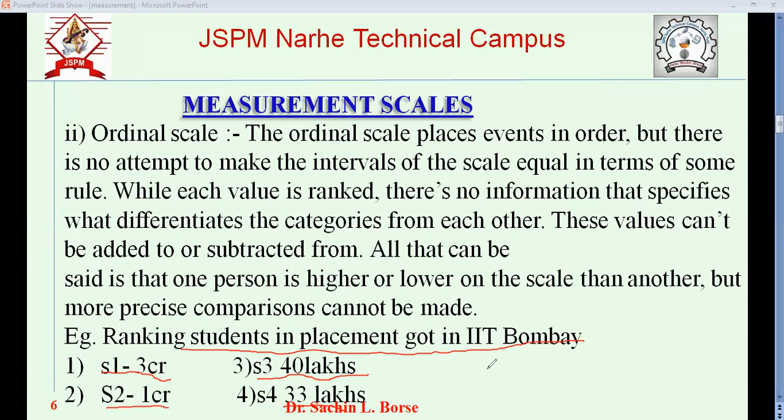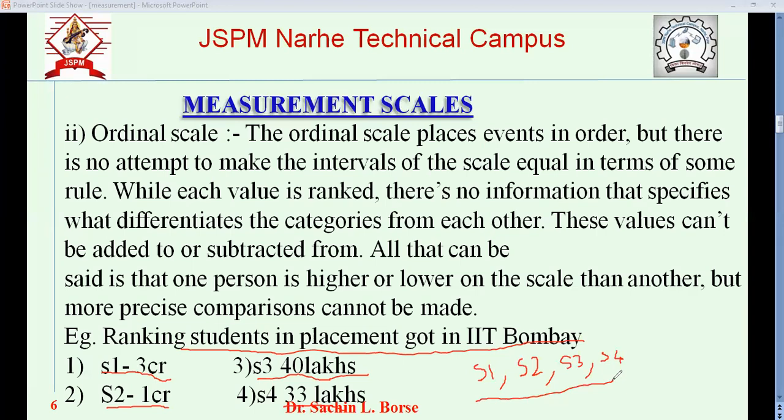Now, when I say ordinal scale, the first will be S1, the second will be S2. Here we are not giving the information about its value. We're only saying S1 is bigger than S2, S2 is bigger than S3, S3 is bigger than S4. We don't know the difference between two values, but we only know the order.